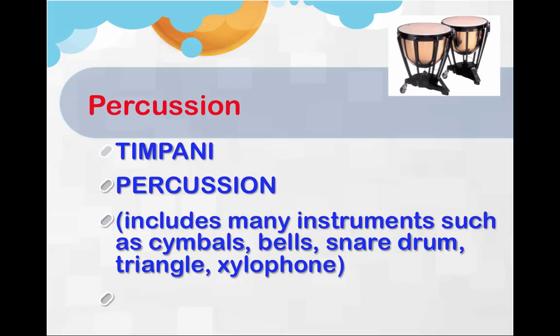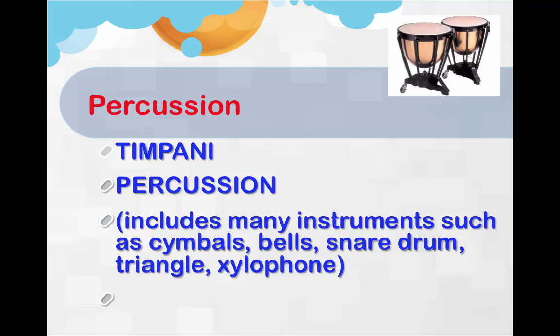Finally, the last section is the percussion section. This section is devoted to keeping rhythm. And there are many, many different instruments in the percussion section. There are endless instruments. The most popular instrument, the most common instrument, is the timpani. And those are the 2 drums you see pictured on the top right of your screen.